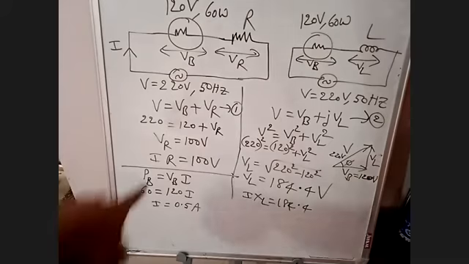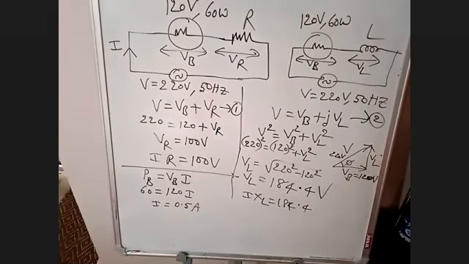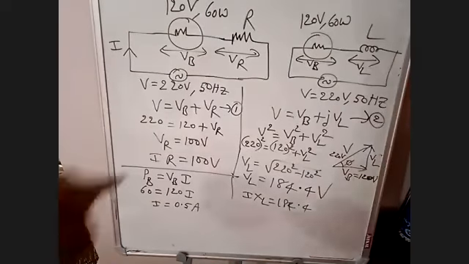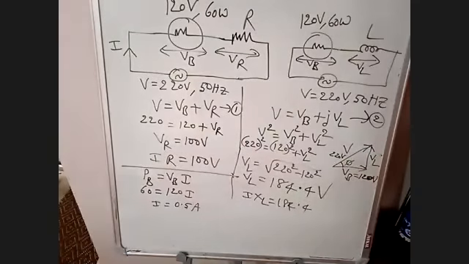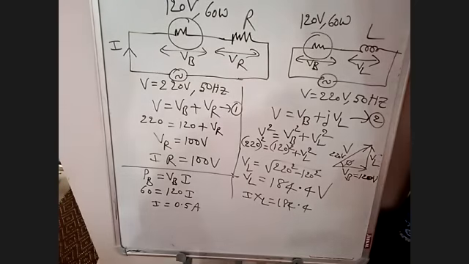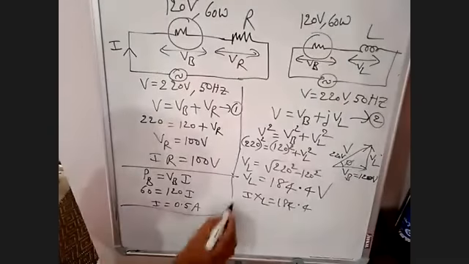Now substitute this I value in the above equation here. We'll get R value. R is 200 ohms.